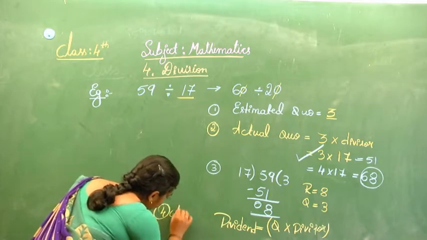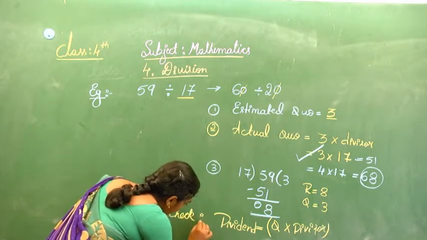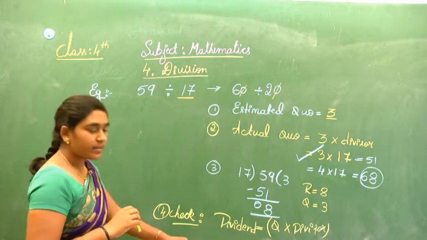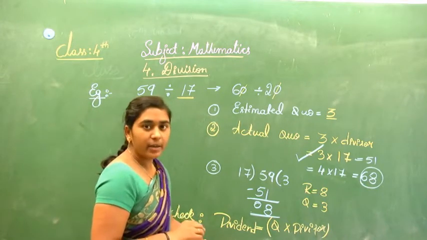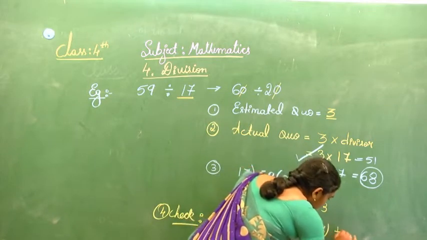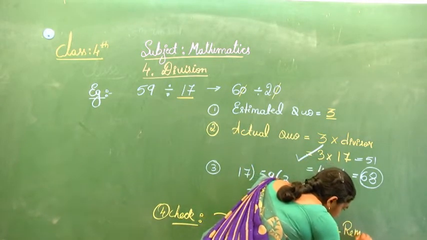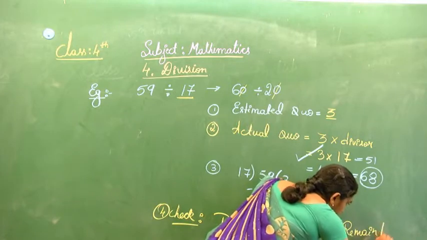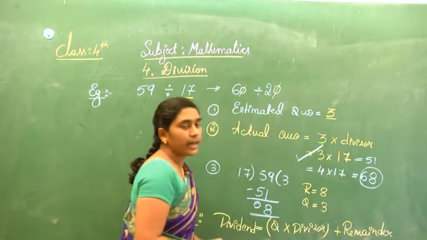The division algorithm says the dividend will be equal to quotient multiplied by the divisor plus remainder. This is what the division algorithm says.